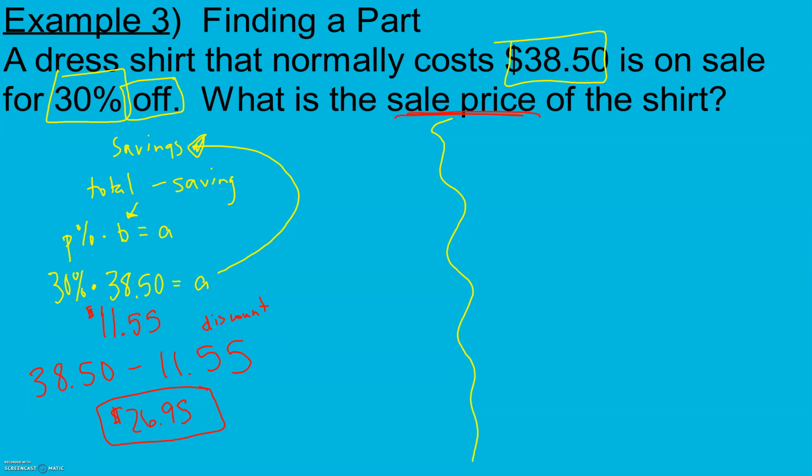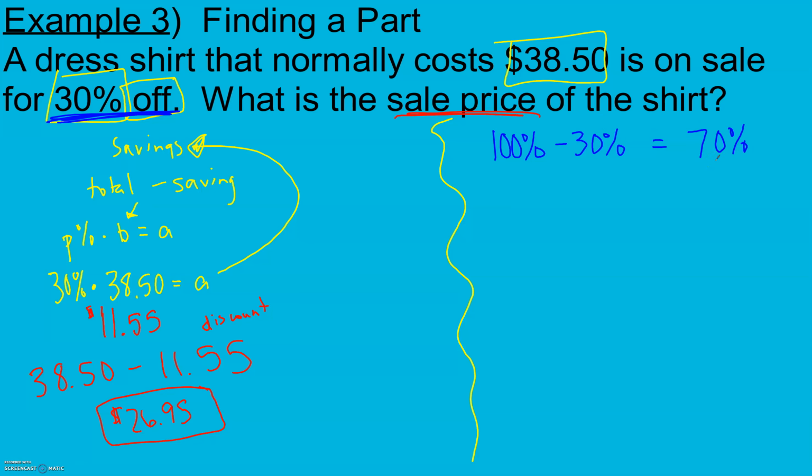The second way here would be to compare our percents. So if we start off with 100% of the shirt, the entire amount of the shirt, and we have 30% off, we can take that 30% away and figure out what percentage of the shirt we are paying for. If we're not paying for 30%, then we're paying for 70%.